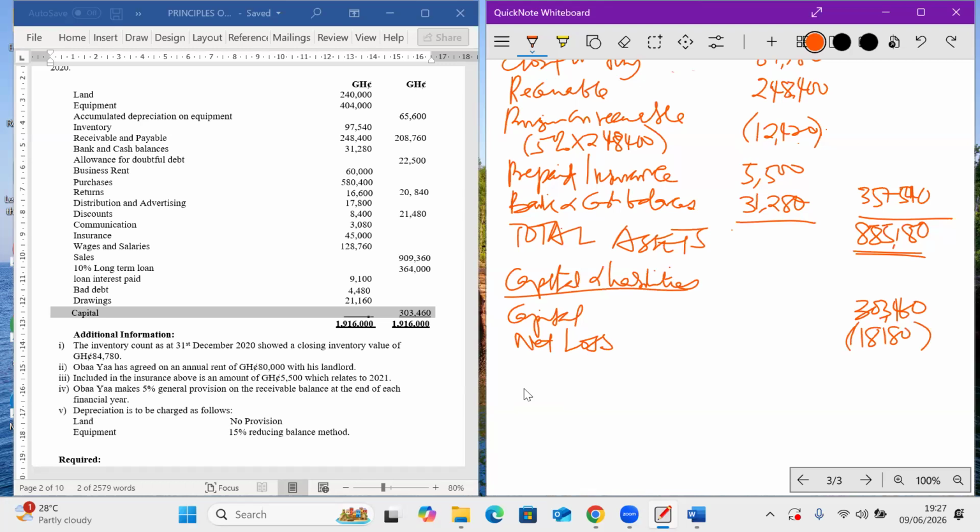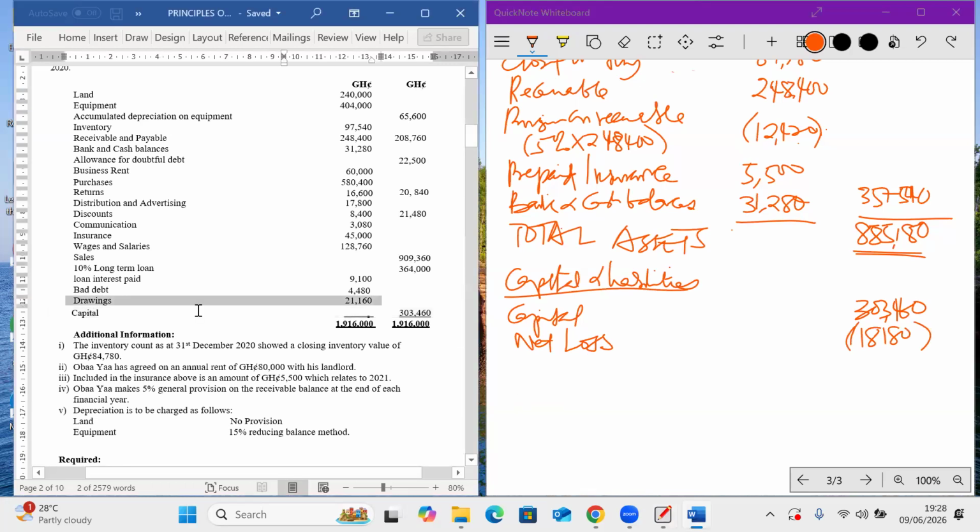Then the drawings. Look at the drawings here. You bring it also. You subtract drawings, 21,160. When you subtract everything, what do you have?